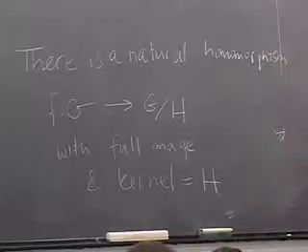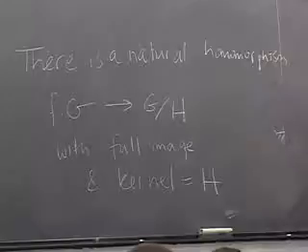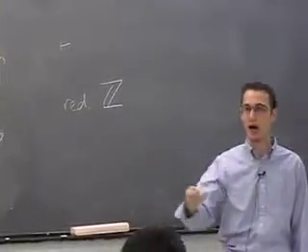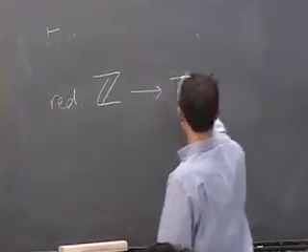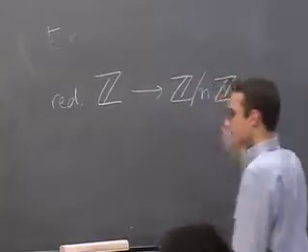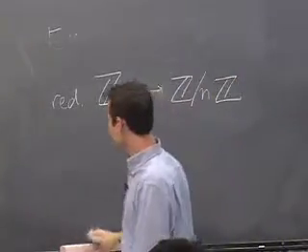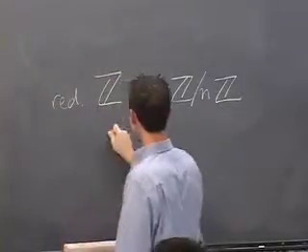And we saw that there's a natural map, which I called red, short for reduction, because this is the terminology used, from Z to Z mod nZ.